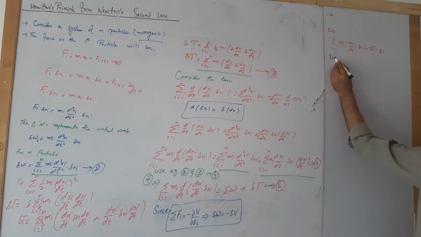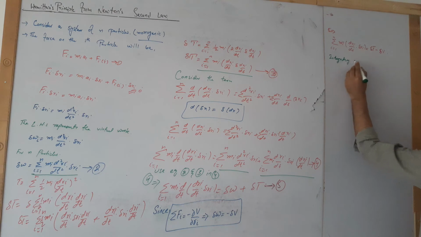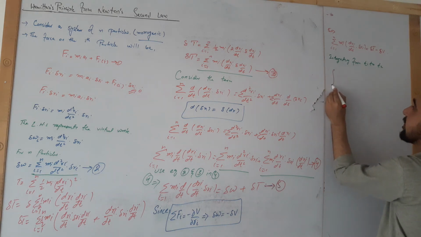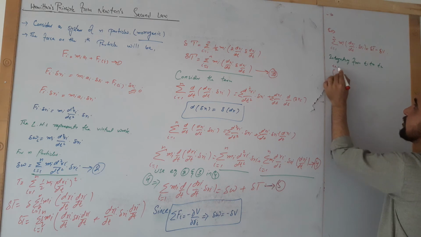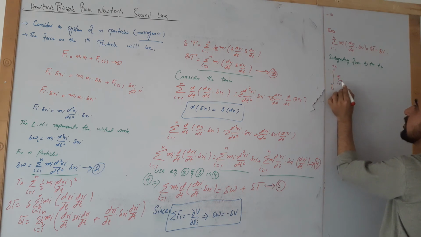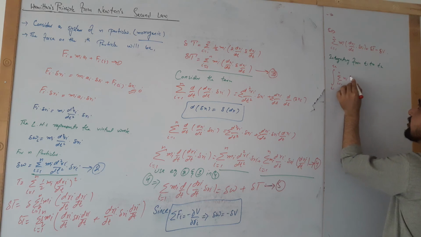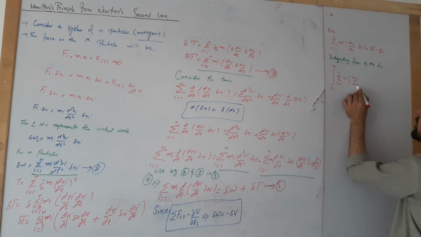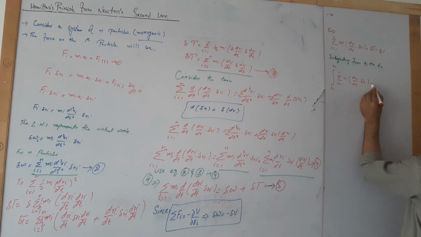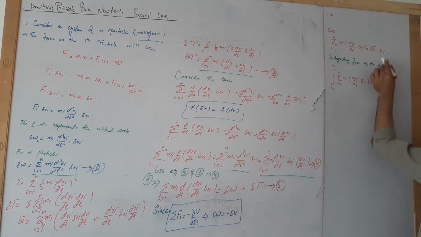We will have the integral from t1 to t2 of summation i is equal to 1 up to n Mi d by dt of dRi over dt dot del Ri dt is equal to the integral from t1 to t2 of delta L dt.